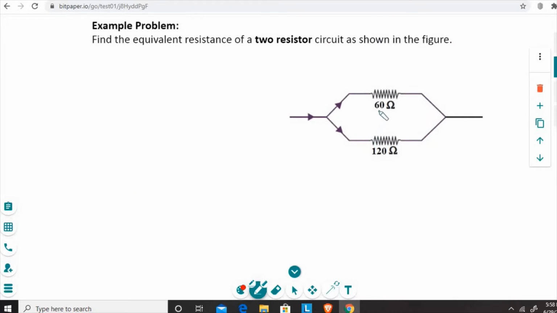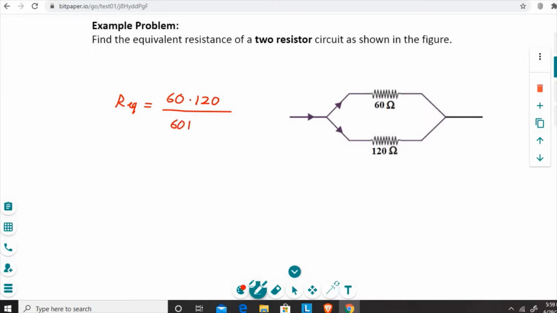So we need to find the equivalent resistance when these two resistors are connected in parallel. So 60 ohms and 120 ohms. So how do you do that? Equivalent, you should be able to directly multiply the two values, 60 times 120, then divide by the sum of the two resistors.